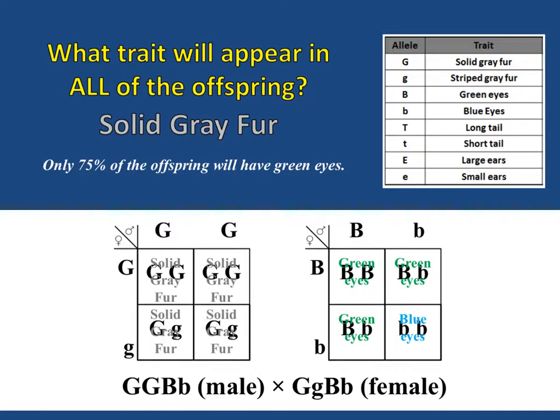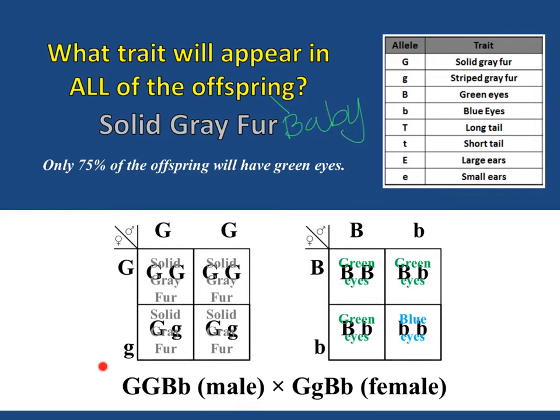So let's do some practice problems. It says, what trait will appear in all of the offspring? Remember, offspring means baby. So I made your life a little easy, and I gave you the answers for each of these boxes here.